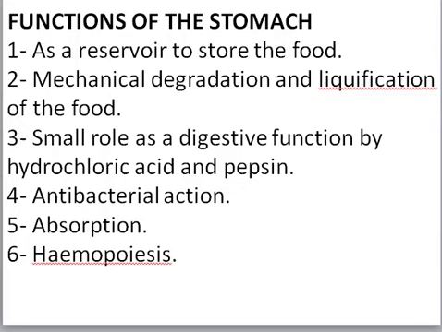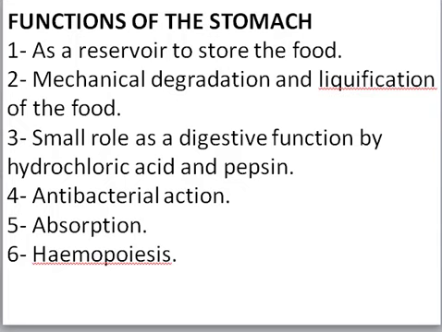The chemical digestion in the stomach has a small role, done by the acidity of the stomach and the enzyme secreted by the stomach, which is pepsin. It is first secreted as the inactive pepsinogen, and it is activated by the hydrochloric acid to pepsin.